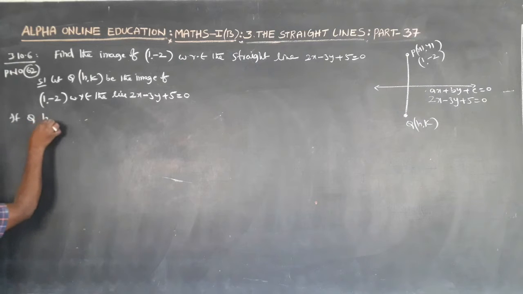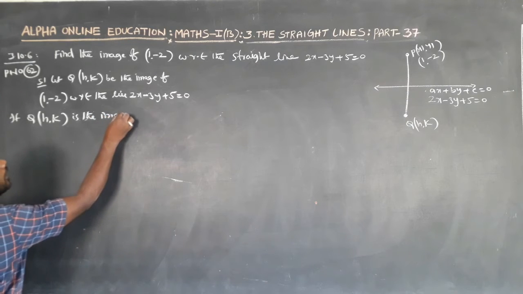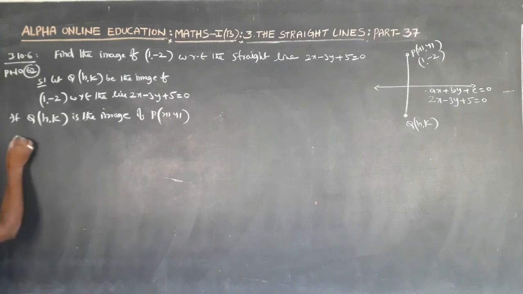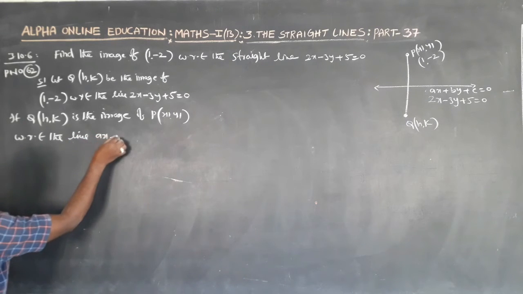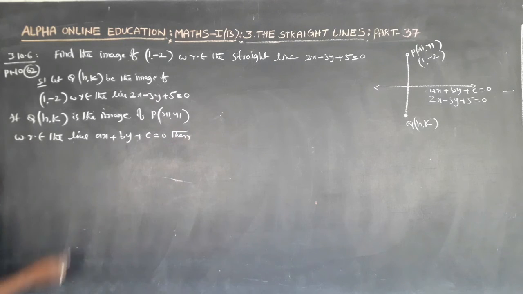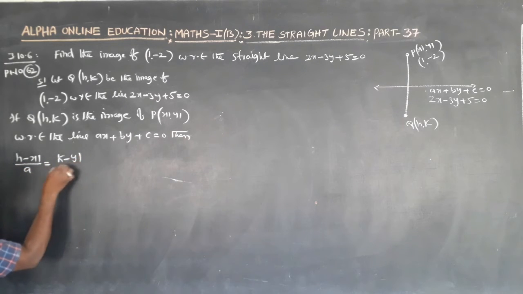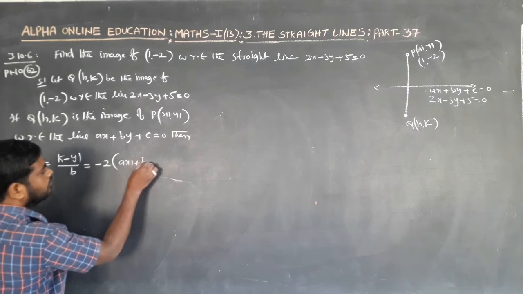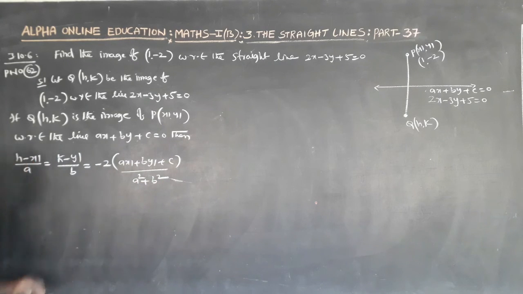If Q(h, k) is the image of P(x1, y1) with respect to the line ax plus by plus c is equal to 0, then (h minus x1) by a is equal to (k minus y1) by b is equal to minus 2 of (ax1 plus by1 plus c) by (a square plus b square).